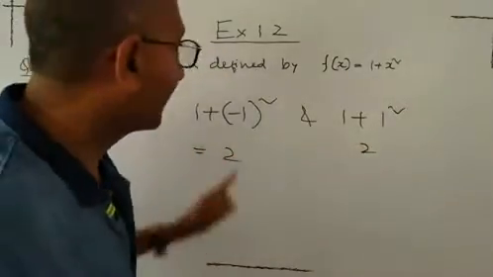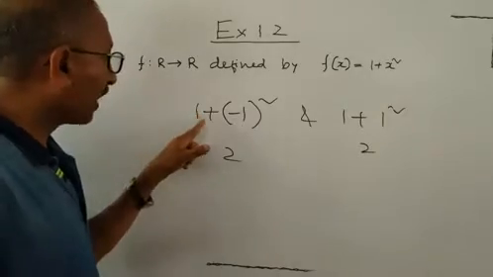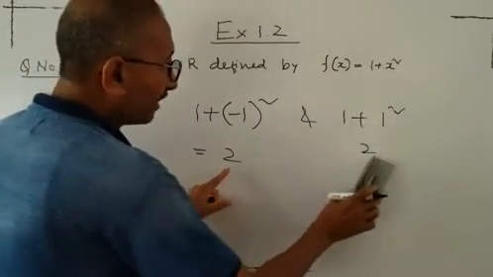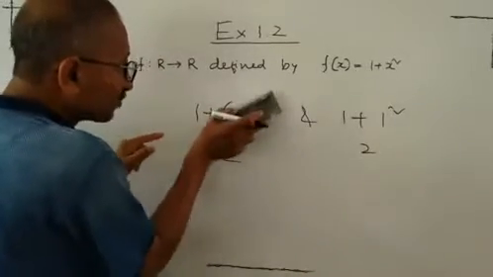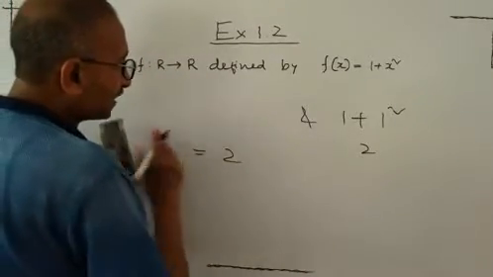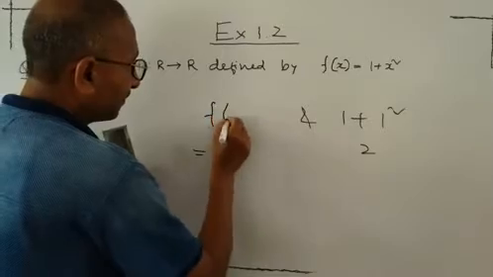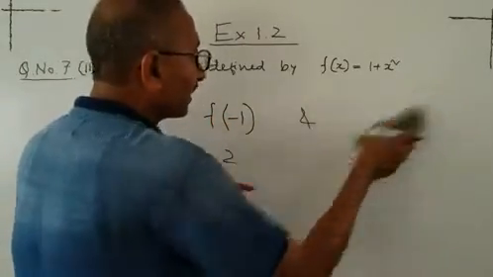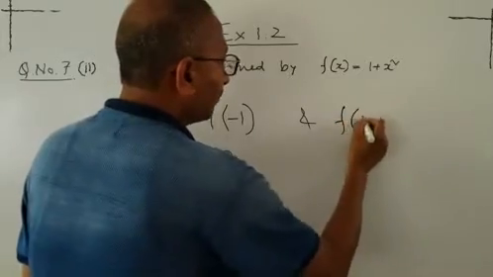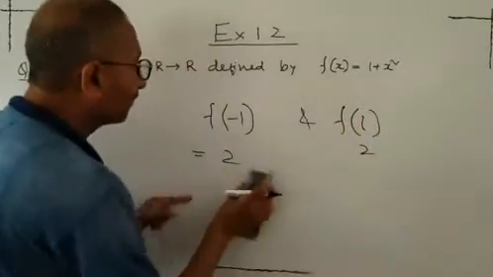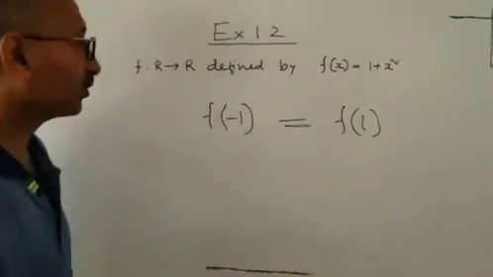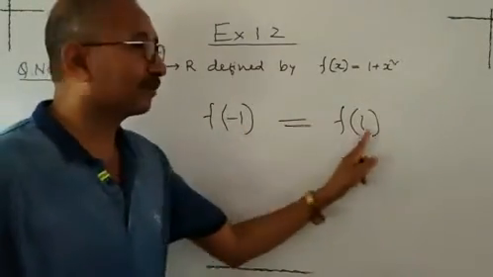That means 1 plus minus 1 square and 1 plus 1 square are both the same. Is it not f of minus 1? And 1 plus 1 square means f of 1. And they are equal.